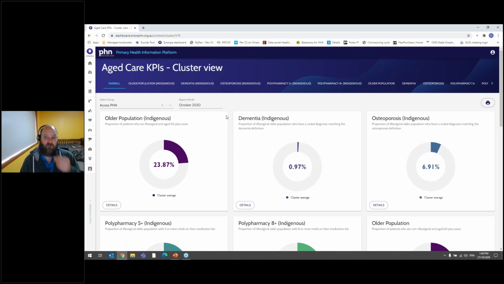But we do hope that moving forward, and particularly as the population of our region ages, that this really provides assistance to all practices and all practice staff in the management of their patients. And also this would be inclusive of those patients living in aged care facilities that are on the practice books. So they would be included in these numbers too. Any other questions for the aged care module?